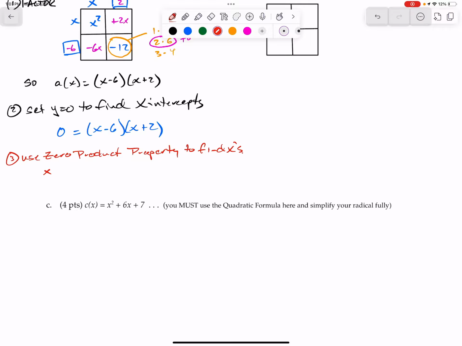So either x minus 6 equals 0, so x equals 6, or x plus 2 equals 0, so x equals negative 2. So our points are 6, 0, and negative 2, 0.